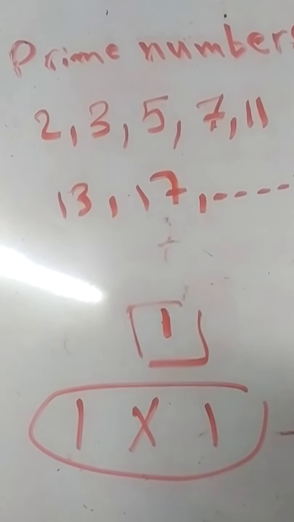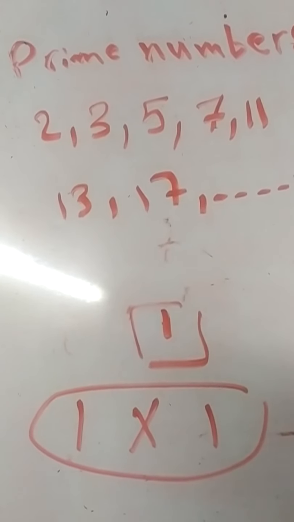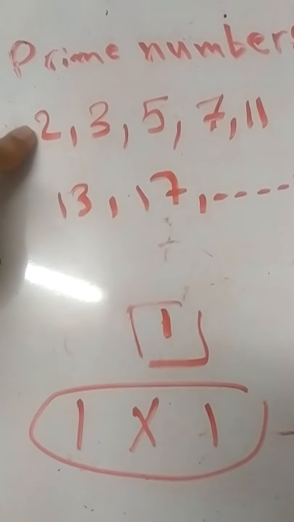How many factors do we have here? It's only one factor, because 1, I'm not going to repeat it, it's only one factor. 1 has 1 as the only factor. So because 1 has only one factor, I cannot say that it's a prime number, because the prime number should have two factors. Okay, so the smallest prime number is 2.